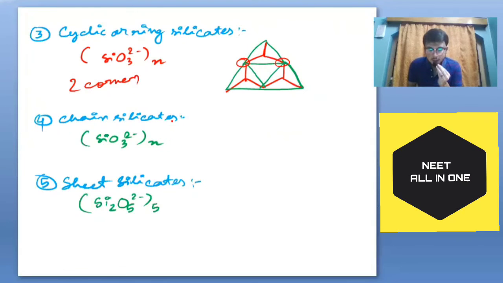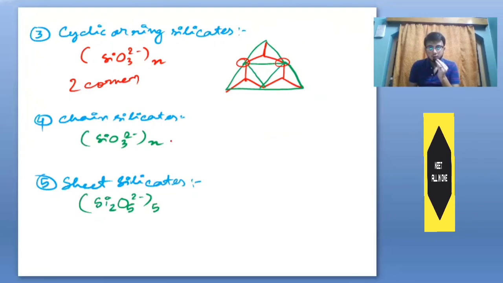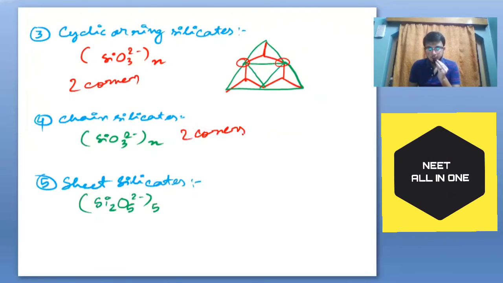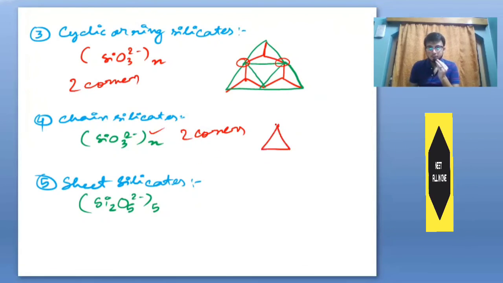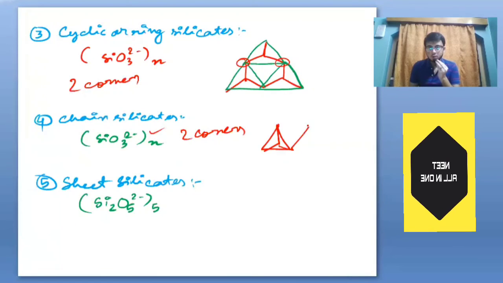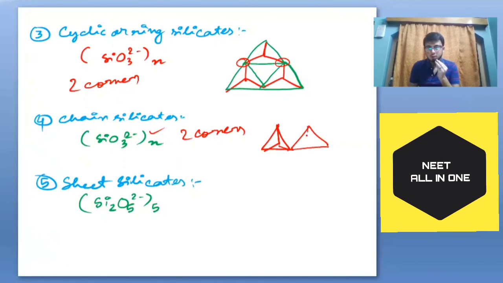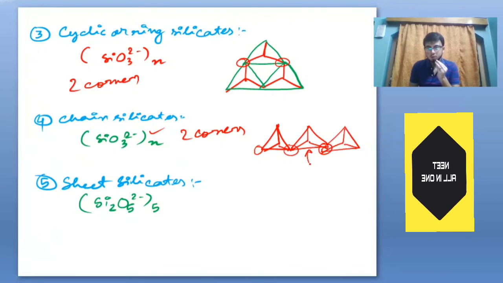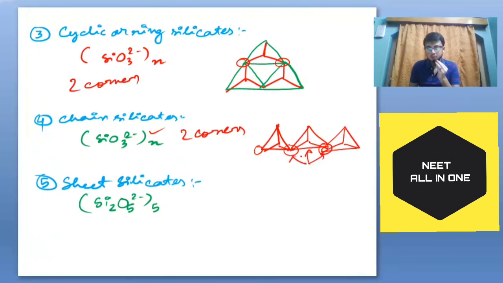Chain silicates also share two corners here. Okay, and their formula is (SiO3)n 2n- also. Okay, if we just draw it, as you can see they are also sharing two corners, and here will be another. So this is sharing two corners, right?